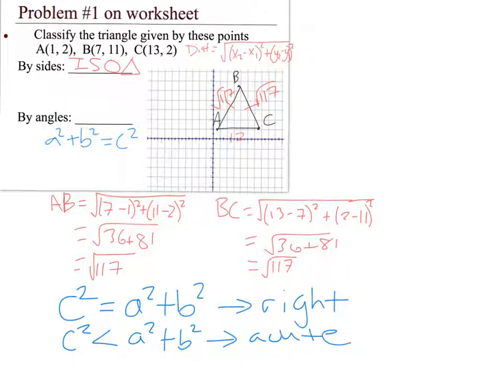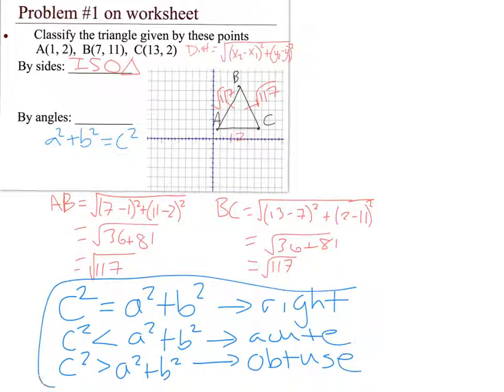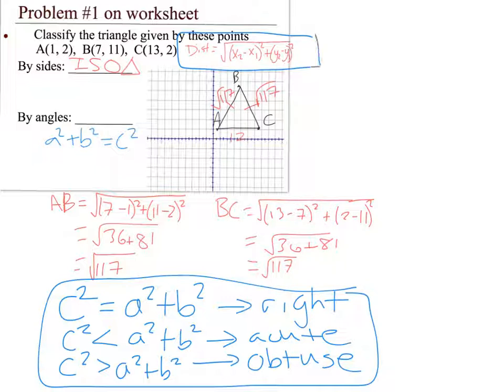And if c squared is greater than a squared plus b squared, it's obtuse. Lovely. This is something you definitely want to jot down in your notes, along with, of course, your distance formula. Those two things you want to have down.